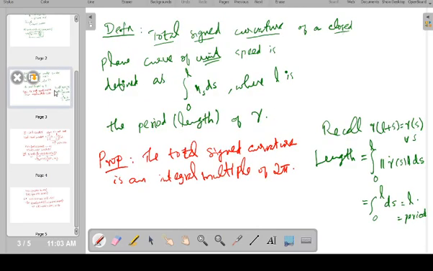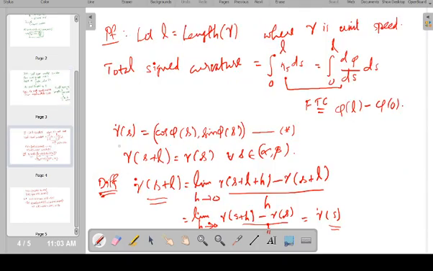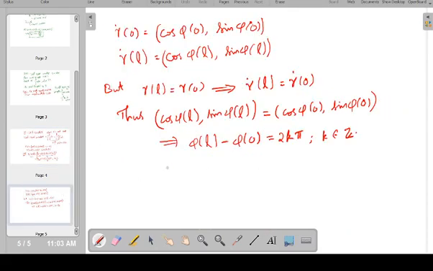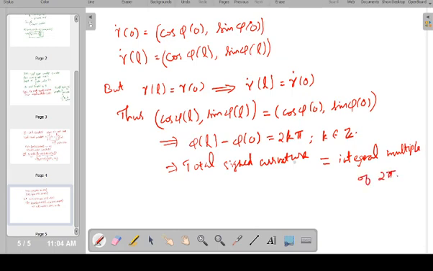From the previous slide, phi L minus phi 0 is precisely the total signed curvature. So total signed curvature is an integral multiple of 2 pi. Thank you.